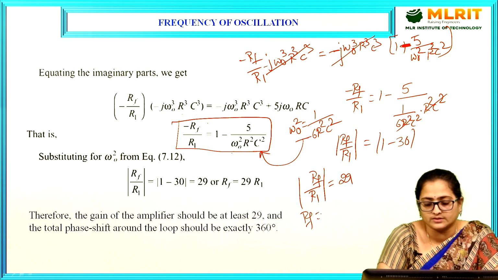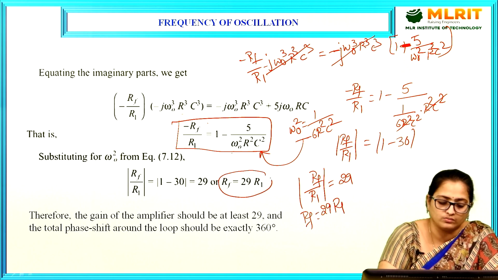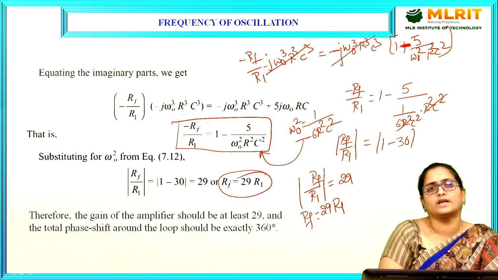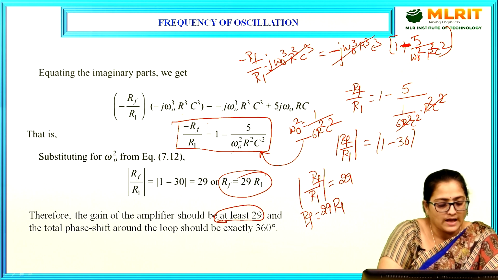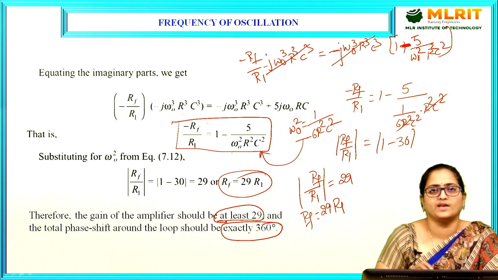So, Rf is equal to 29 times R1. Therefore, the gain of the amplifier should be at least 29 and the total phase shift will be exactly 360 degrees.